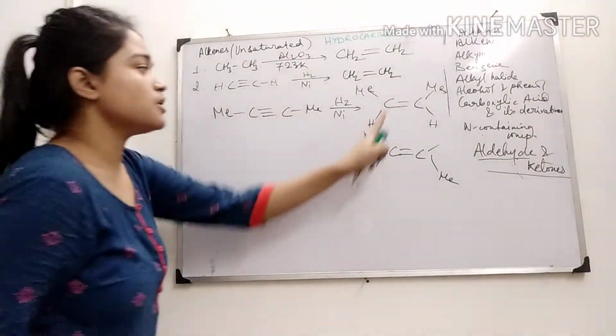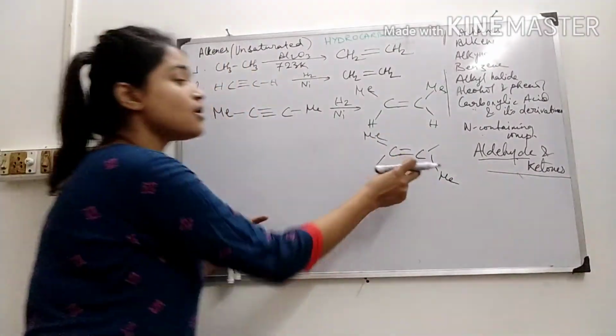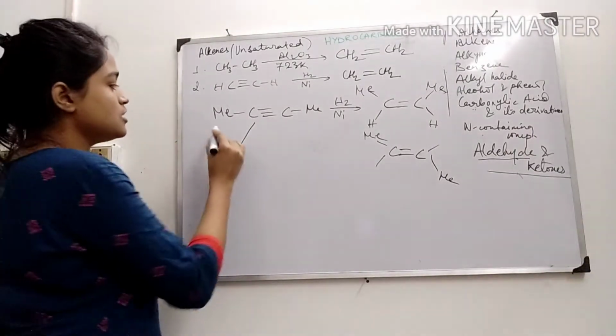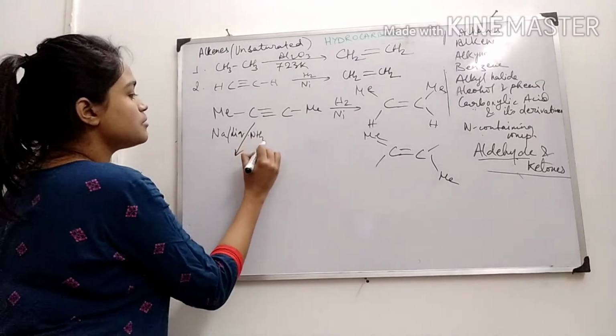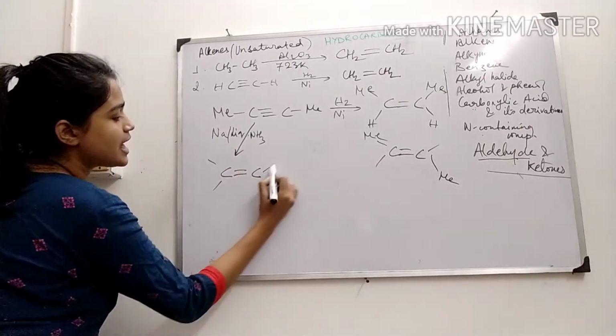So which reagent will give rise to the cis alkene or the trans alkene? Let's see. If I treat this with sodium in the presence of liquid ammonia, it will give rise to the trans alkene.